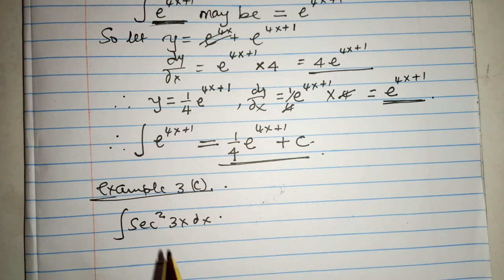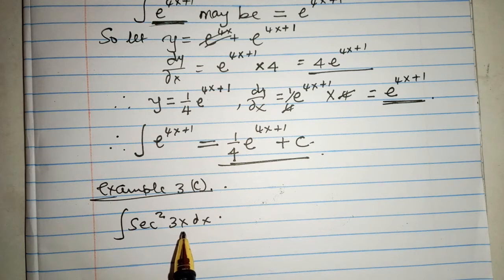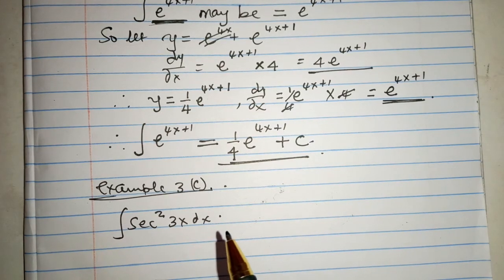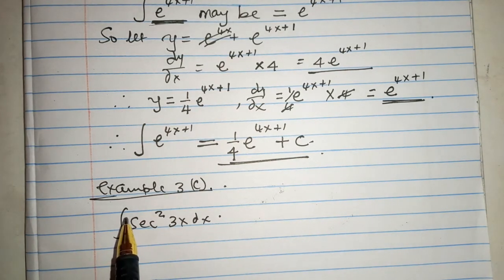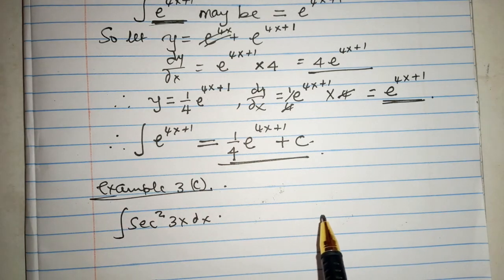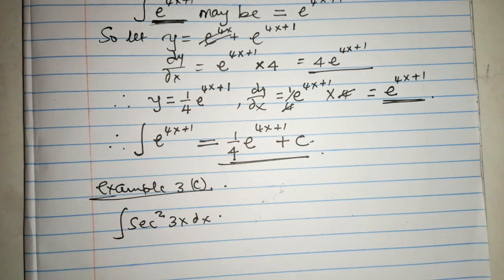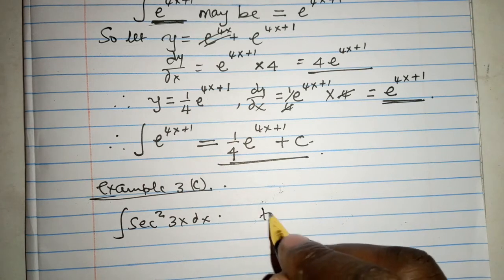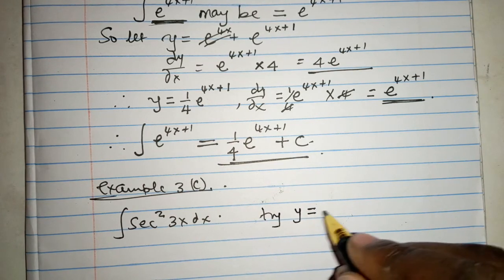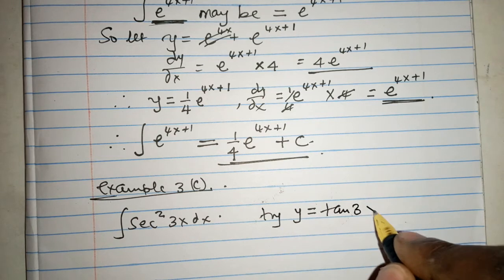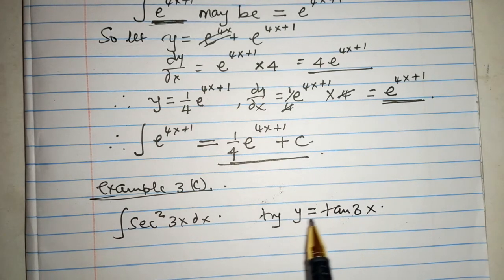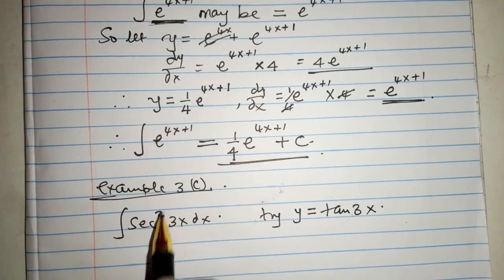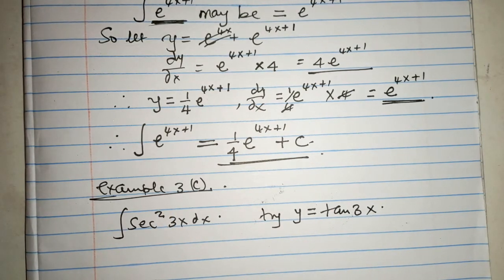If the derivative of tan is sec squared x, then when we integrate the derivative, we should get back to the function. So try y equal to the tangent of 3x, because we know that when y is tangent 3x, dy/dx should be sec squared 3x.